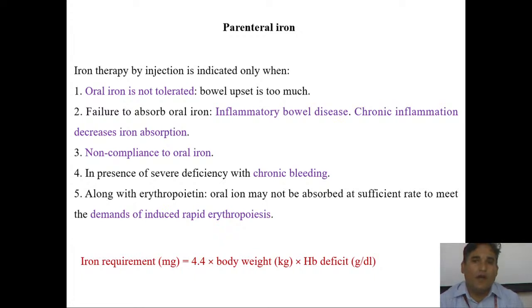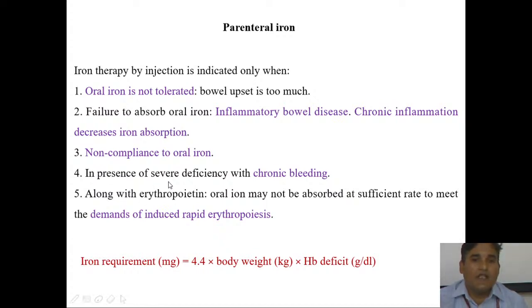Now comes the parenteral preparations. Why is there a need for parenteral preparations? Parenteral preparation by injection is indicated only when oral iron is not tolerated, for example bowel upset, failure to absorb oral iron during inflammatory bowel disease, chronic inflammation that decreases iron absorption, and non-compliance with oral therapy.